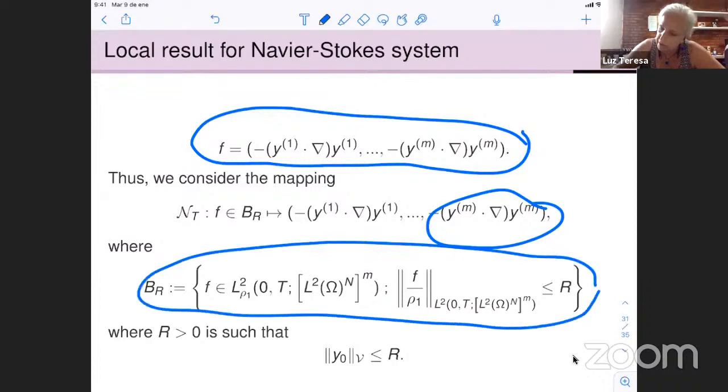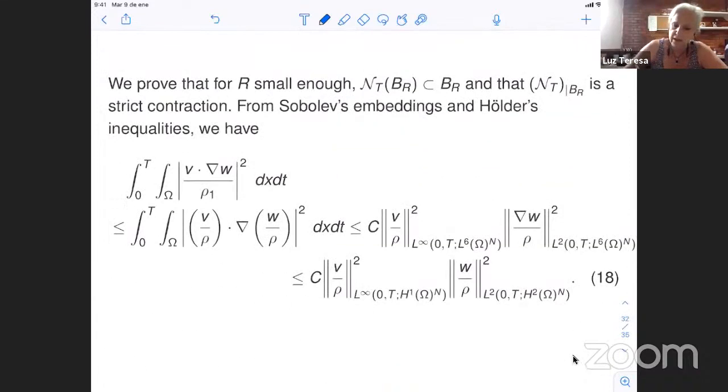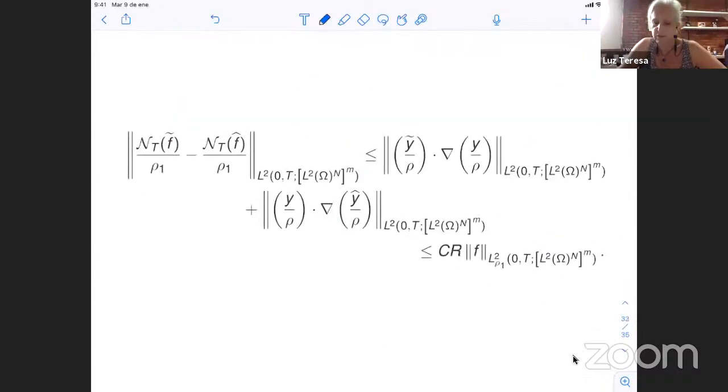So you can work in a ball of radius R with initial datum with norm less than R, and then show that you can have V times gradient of W bounded by this, and to show that you have, in fact, a contraction.